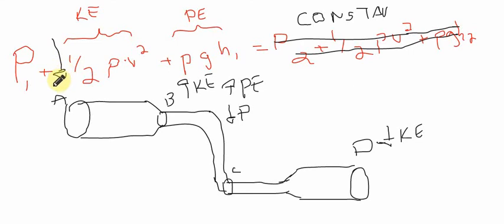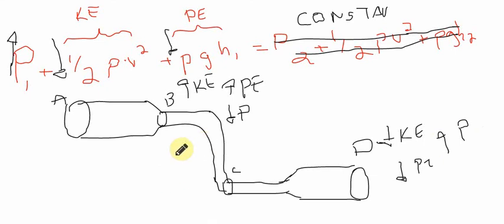It's at the bottom, so D is lower than A and B, so it's going to have low potential energy. In order to compensate for that, the pressure is going to be much greater. So this is going to have high amounts of pressure. That's typically the logic that you need to solve these Bernoulli's equation problems.